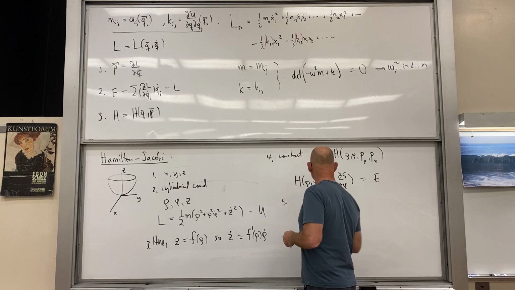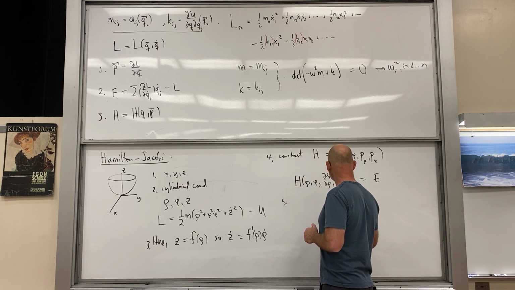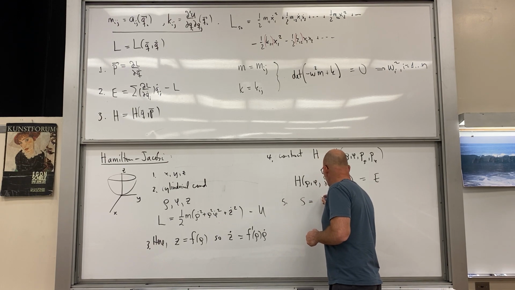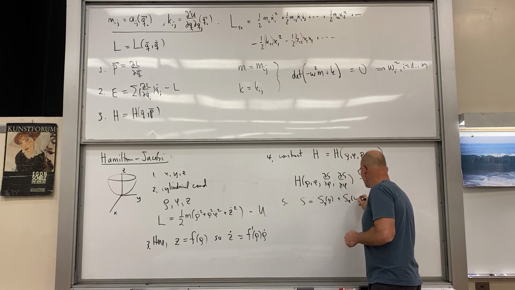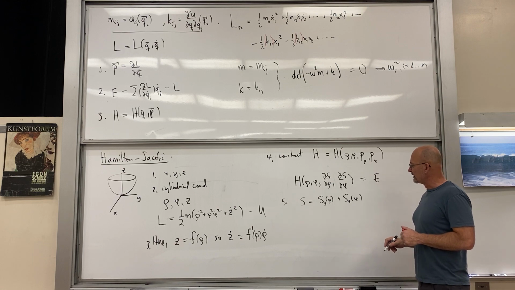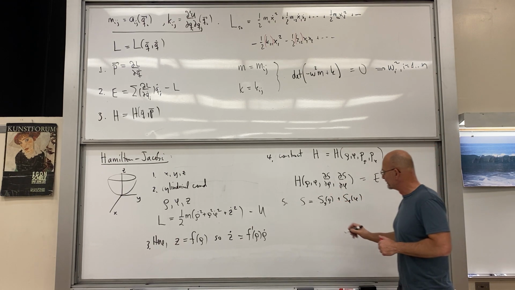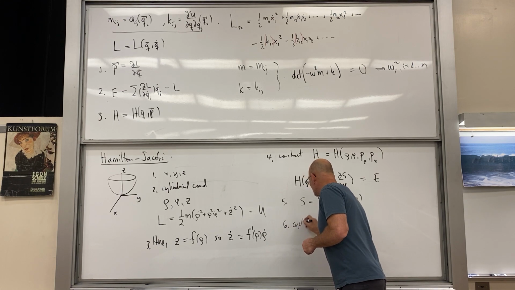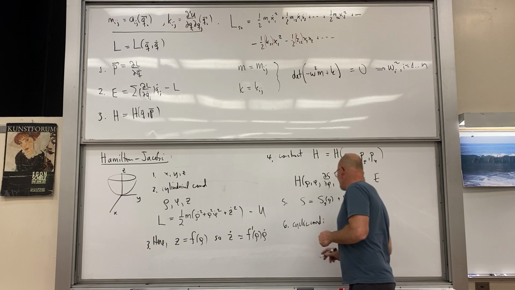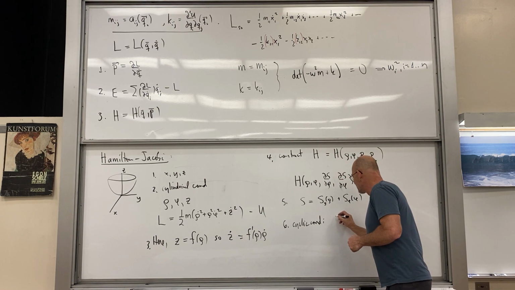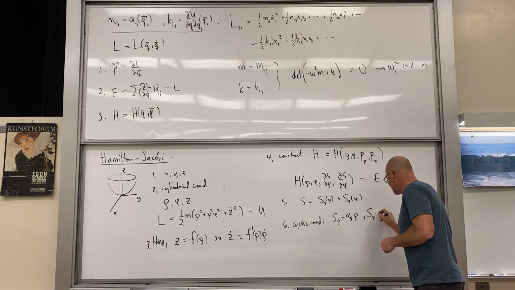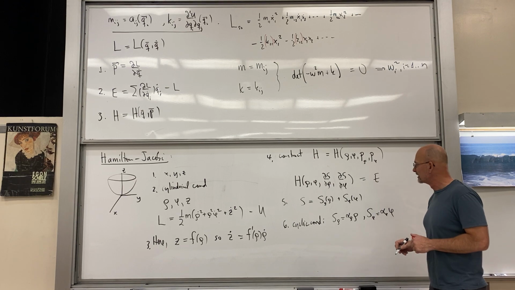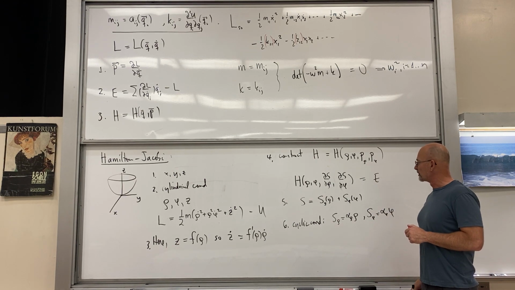So 5, I'll mention some of those techniques. And we have S is equal to S of rho plus S of phi, and then if there's a cyclic coordinate, S of rho would be alpha sub rho times rho, and if phi were cyclic, S sub phi would be alpha sub phi times phi, and then you keep working your way through the problem.